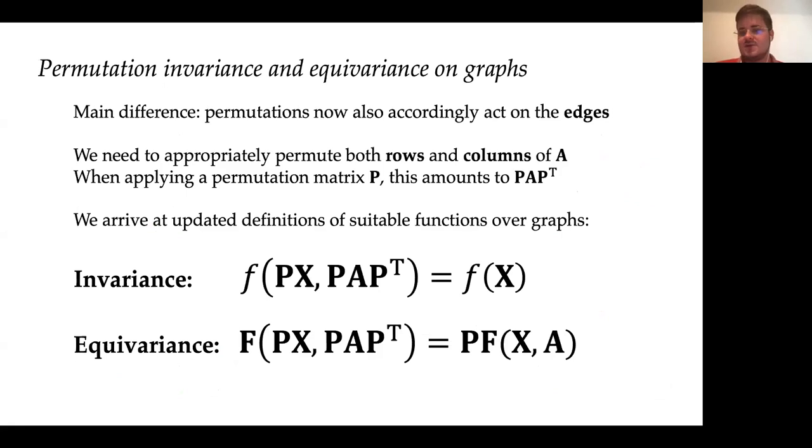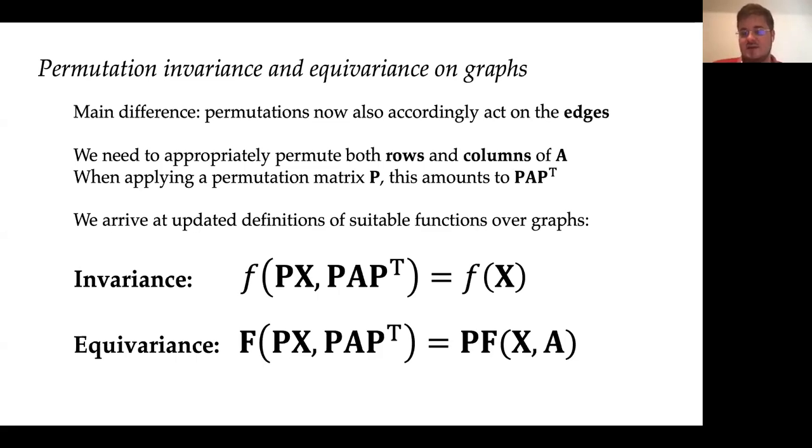Okay, so the main difference then is that any permutation that we apply on the node features now must also accordingly act on the edges, that is the adjacency matrix. And if I told you that the adjacency matrix is of the shape number of nodes times number of nodes, then permuting the nodes corresponds to permuting both the rows and the columns of the adjacency matrix.